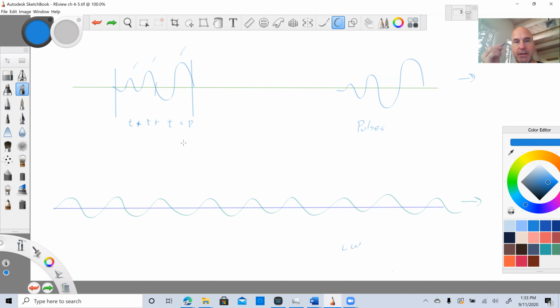Spatial pulse length, same thing. I don't even have to erase some of my hash marks here. It is the beginning to the end of the pulse. How many cycles? So we have 3 cycles. Oh, good grief, Kurt. 3 cycles times what? This time, it's not the period, it's the length. It's how long. Did I say spatial pulse length? Spatial pulse length.